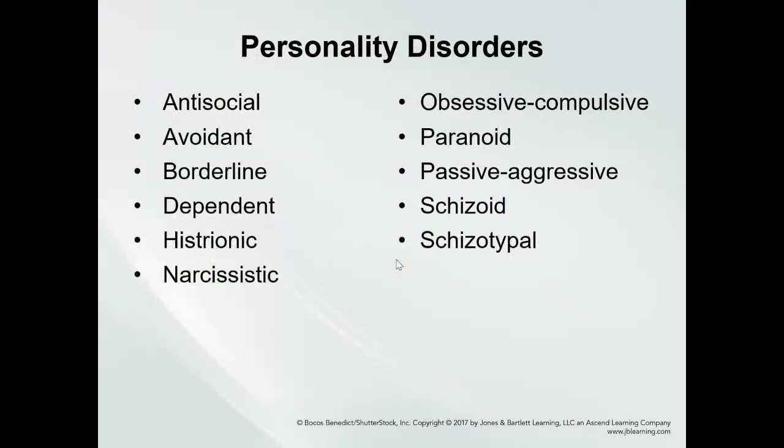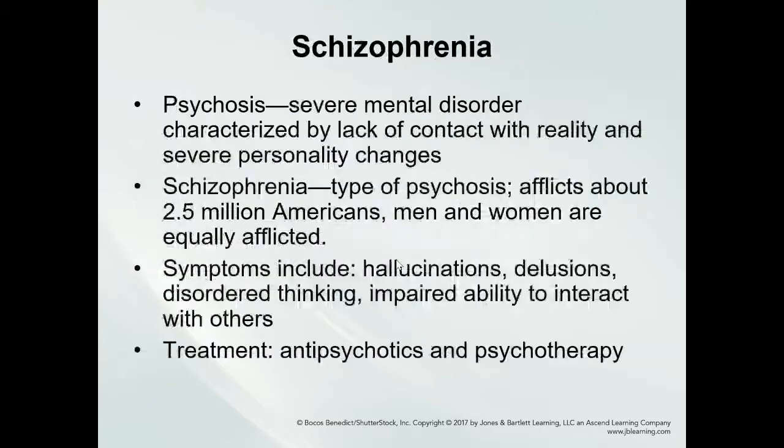Our next category is personality disorders, and this includes antisocial, avoidant, borderline, dependent, histrionic, narcissistic, obsessive compulsive, paranoid, passive aggressive, schizoid, and schizotypal. Schizophrenia is psychosis. It's a severe mental disorder characterized by loss of contact with reality and having severe personality changes.